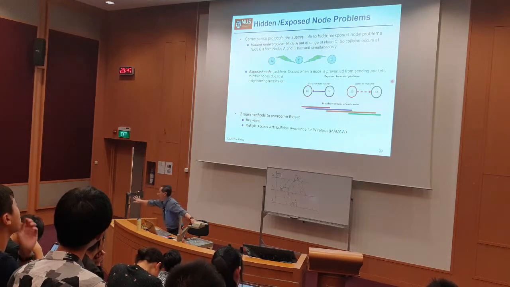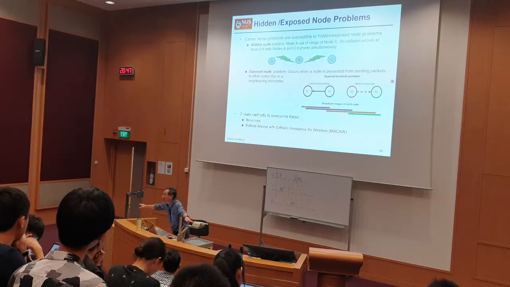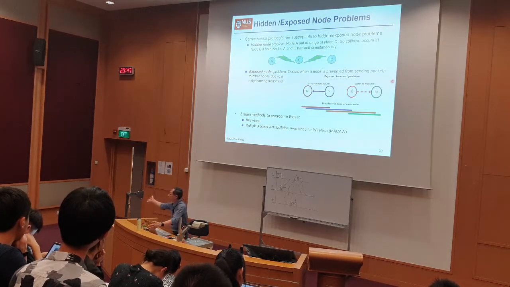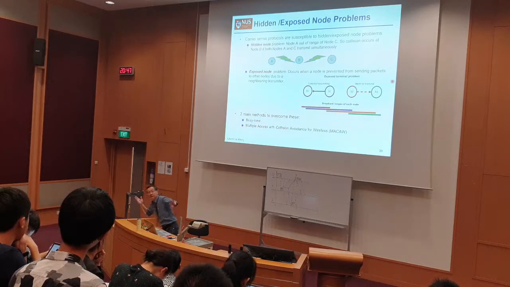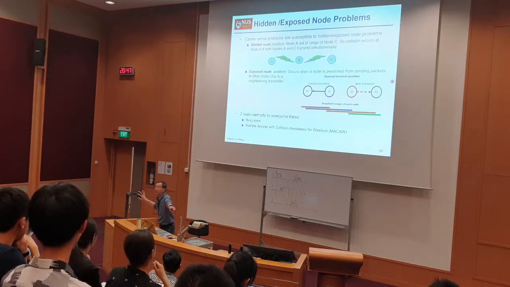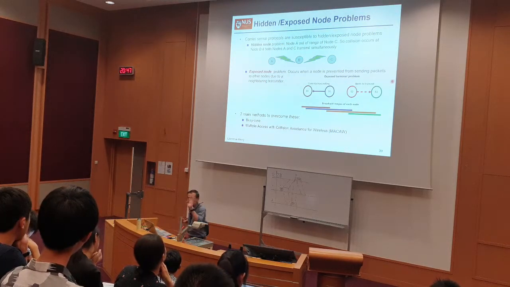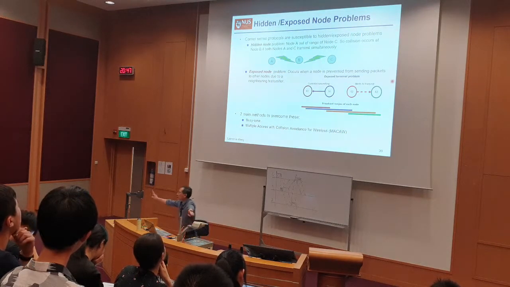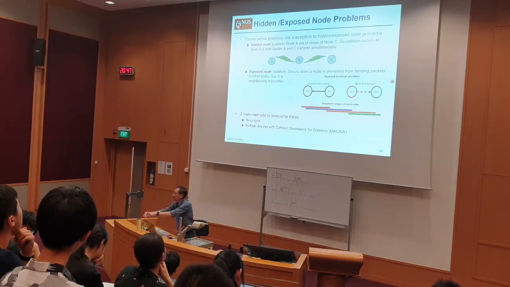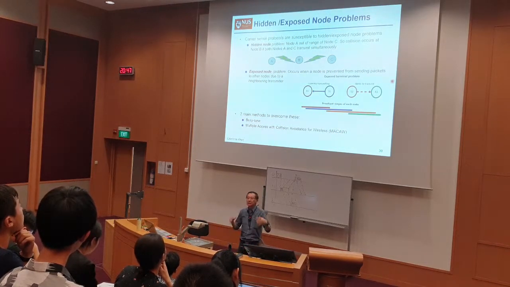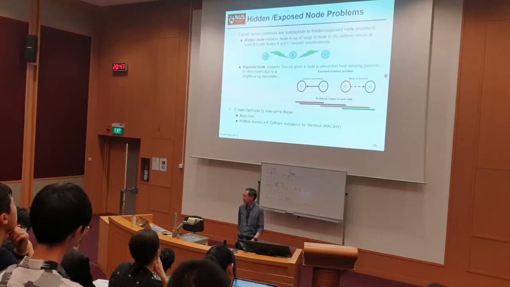A doesn't know C because they're too far apart. So he tried to send because he hears nothing. This guy is too far. So this is a hidden terminal from that guy. Similarly, this is a hidden terminal from this guy. So two hidden terminals could be sending to the same guy, collision. That's called the hidden terminal problem.